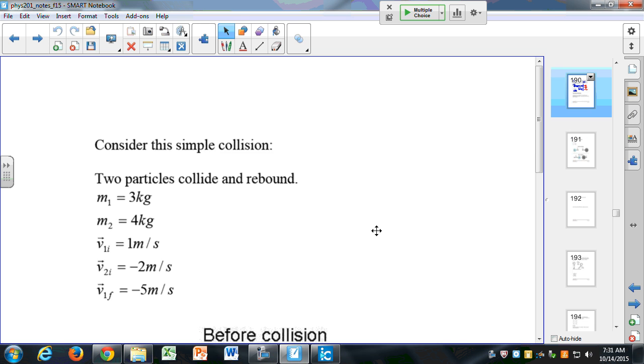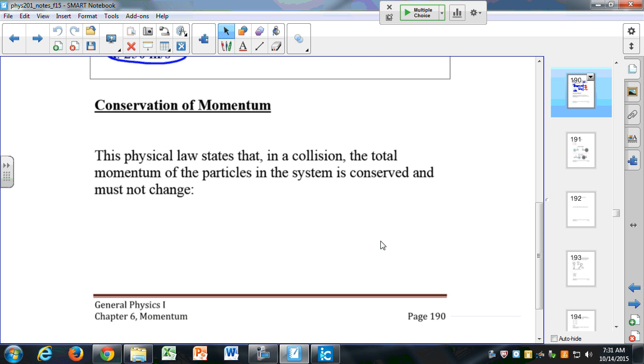Okay, so conservation of momentum is a law, and it says that the total momentum of particles in a system is conserved. This assumes, of course, that no external forces act. We had the same thing with conservation of energy, right? That no energy is going into or leaving the system, and that's true for conservation of momentum, that we have no external forces which are changing the overall momentum of the system.